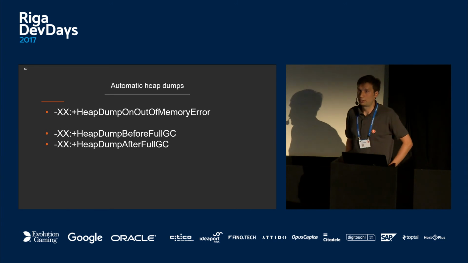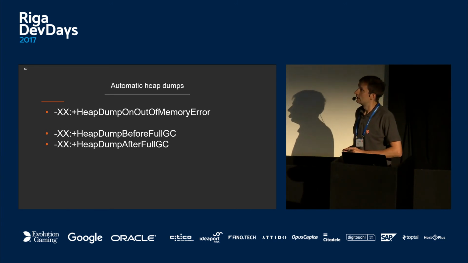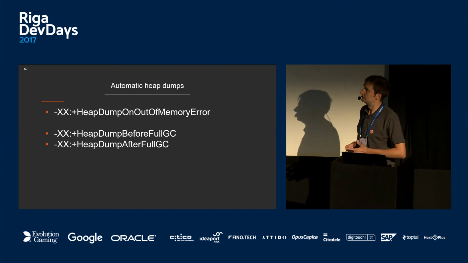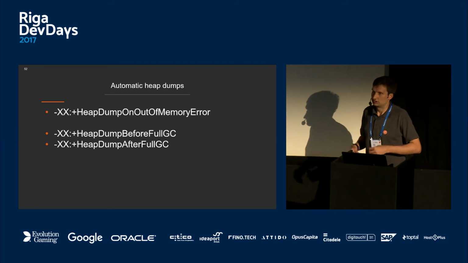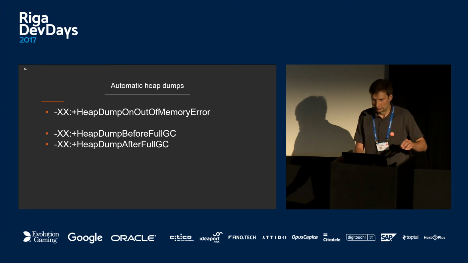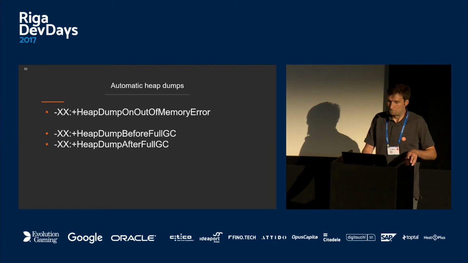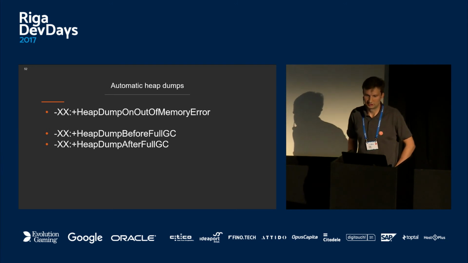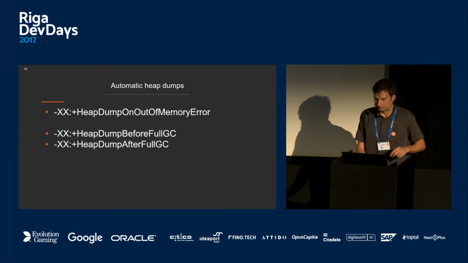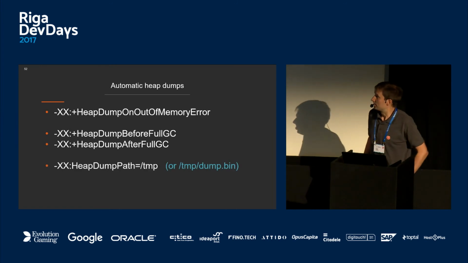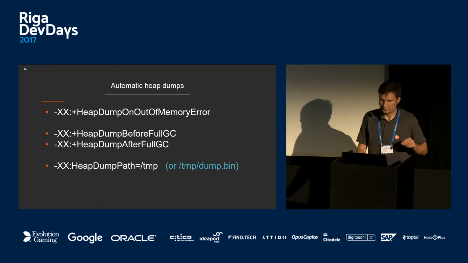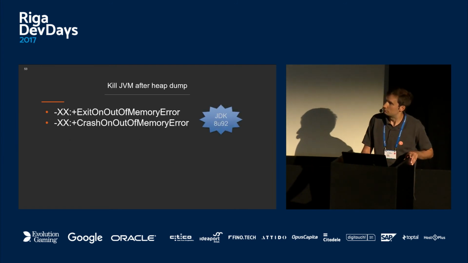For example, if you have a low latency application, then you usually don't want a full GC to ever happen, because it can take several seconds. And there are JVM options to automatically generate heap dumps in such cases. By default, the heap dumps are generated in the current directory, but you can override this with a special JVM option.